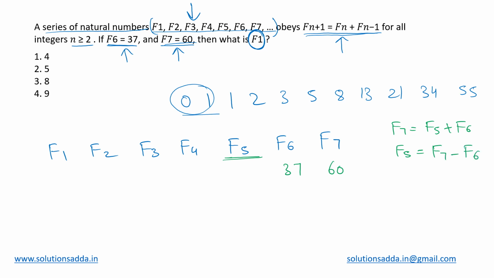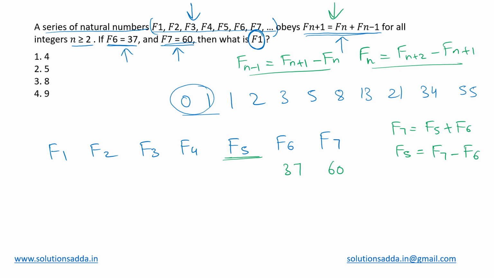And the same way we can modify the given recurrence as F of n equals the difference of F of n plus 2 and F of n plus 1. Or in a better way, we can write it as F of n minus 1 equals F of n plus 1 minus F of n.